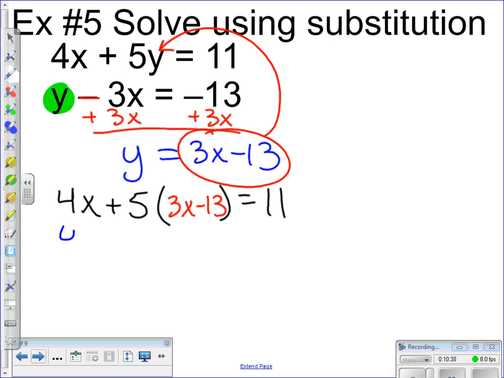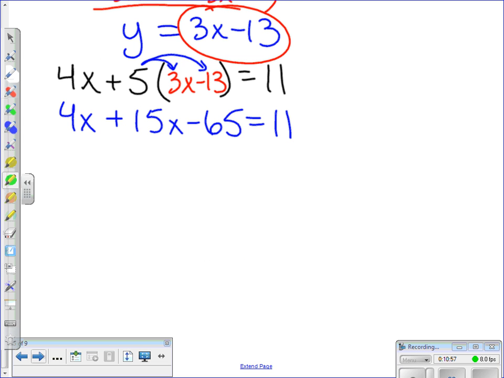Now to keep going, 5 times 3, the little distributive property here, makes 15x. 5 times negative 13 will make negative 65. If we combine some like terms, 15 and 4 will make 19x.